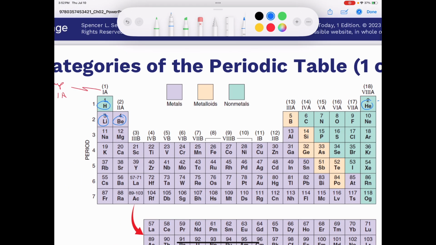Then we have lithium, beryllium, boron, carbon, nitrogen, oxygen, fluorine, neon, sodium, magnesium, aluminum, silicon, phosphorus, sulfur, chlorine, argon, potassium, calcium, scandium, titanium, vanadium, chromium, manganese, iron, cobalt, nickel, copper, zinc, gallium, germanium, arsenic, selenium, bromine, krypton, rubidium, strontium, ytterbium, zirconium, niobium, molybdenum, technetium, ruthenium, rhodium, palladium, silver, cadmium, indium, tin, antimony, tellurium, iodine, xenon, so on and so forth.